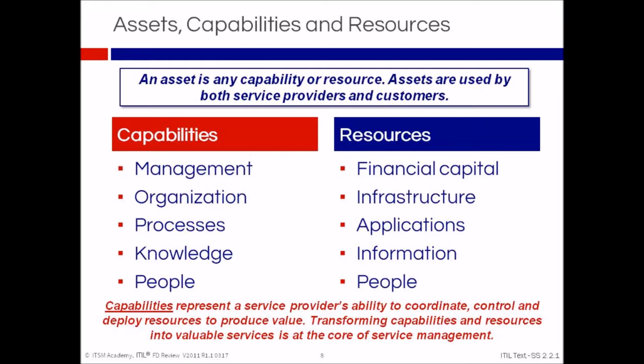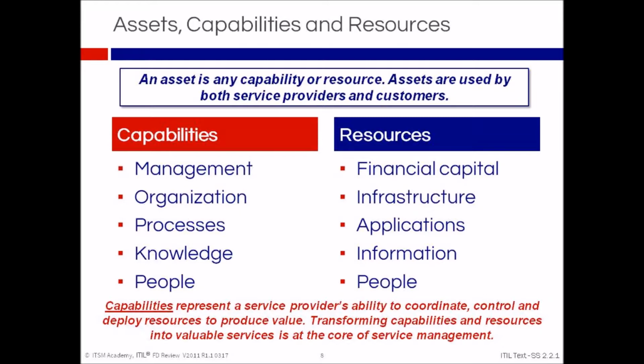Now, notice that people are both a capability and a resource. So in the context of capabilities, how experienced are our people? Do they have the right skills? Do they have the right relationships that enable them to get their job done in an efficient and effective manner? And in terms of resources, do we have the right number of people given the demand for our services?